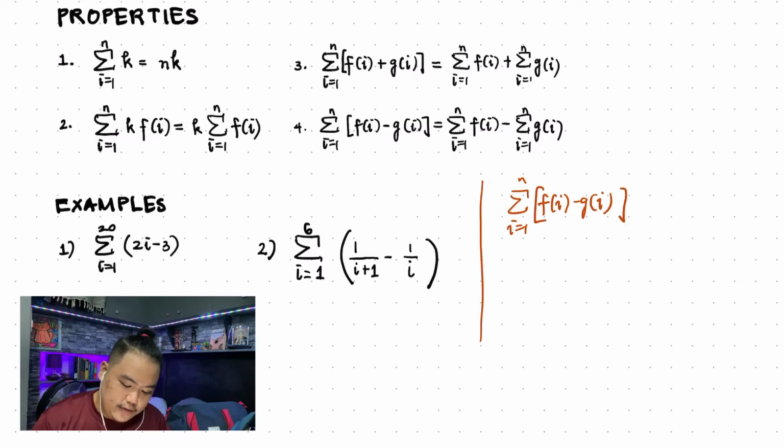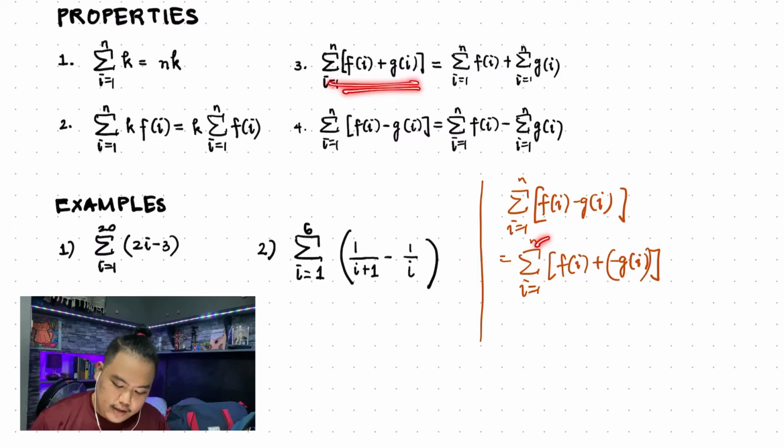Okay, so etong minus, you can write it as plus negative g of i. And then, sabi ng property na to, you can distribute this summation. So, lagi nyo isusulat yung summation tsaka index kasi importante yon. Wag kayong tatamarin isulat iyon.